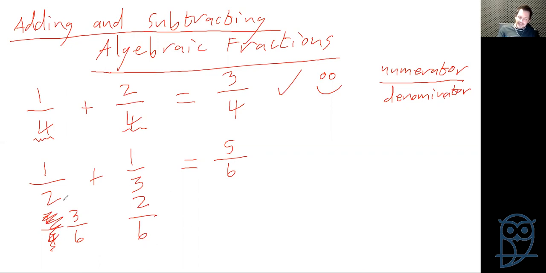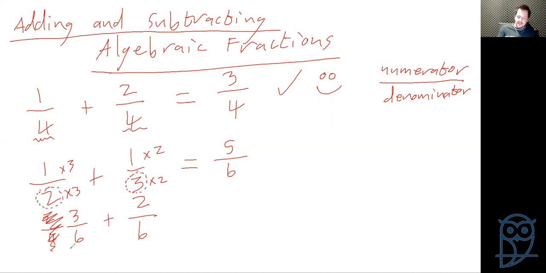Now, how did I get this? Well, if I times the denominator by 3, I've got to times my numerator by 3 to keep my equivalence. And I chose 3 because this denominator was a 3. Similarly, I'm going to times this one by 2, and then of course the top by 2 to keep equivalence. And I chose 2 because this denominator was 2.